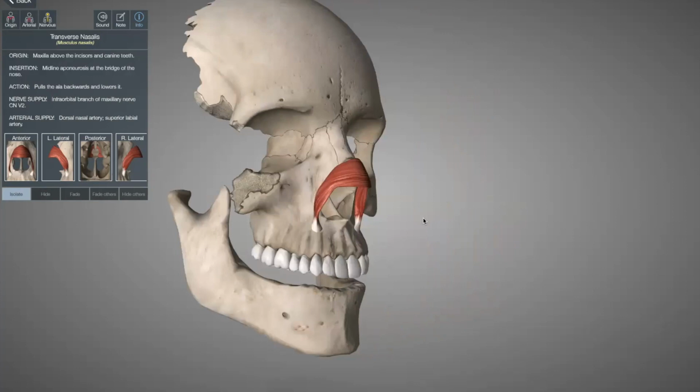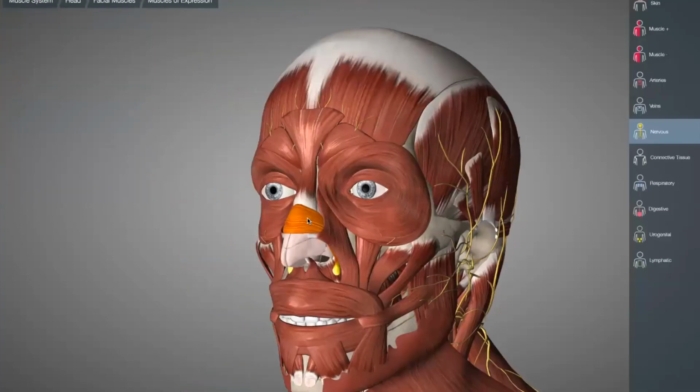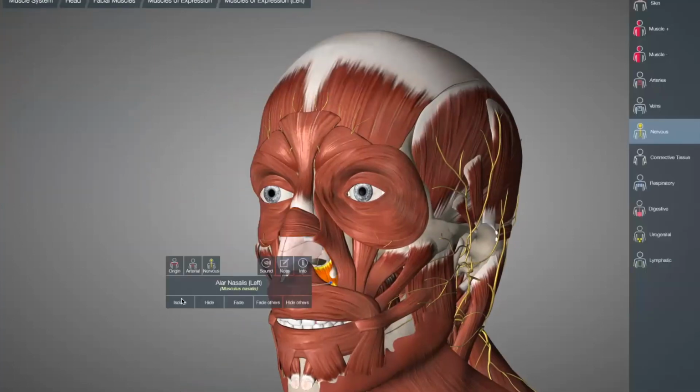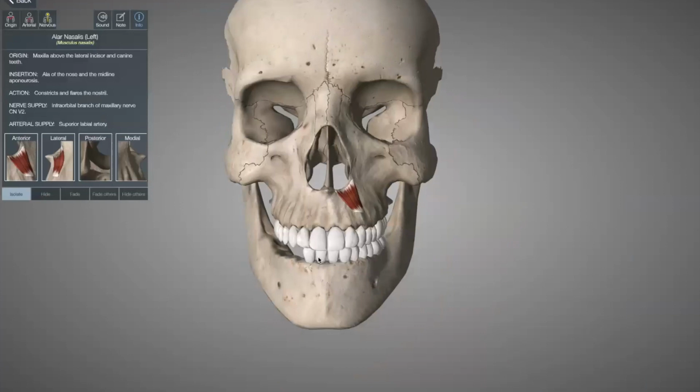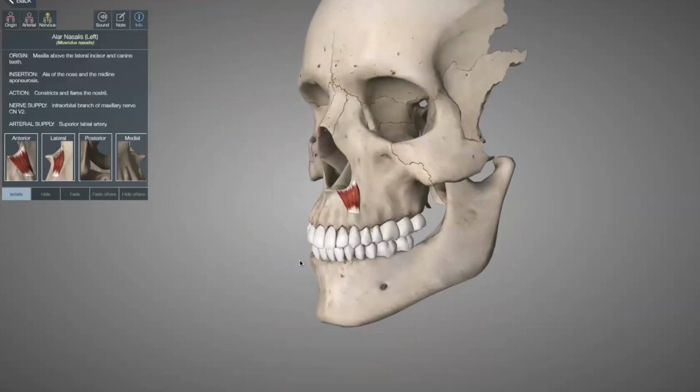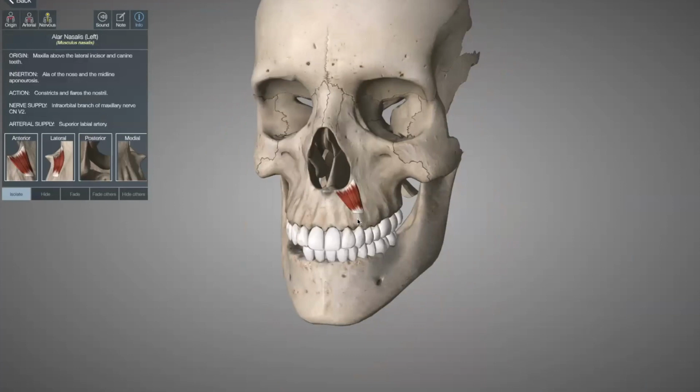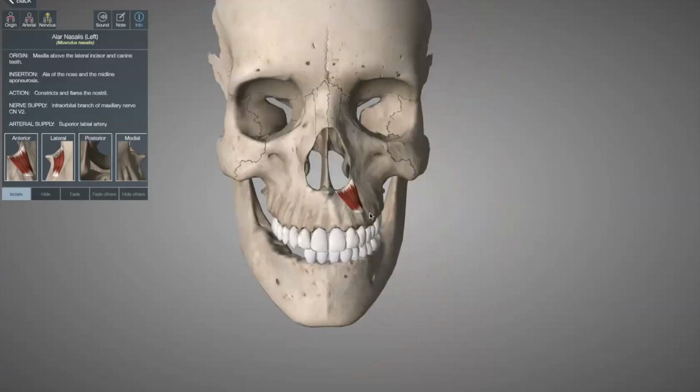The alar part, on the other hand, right here, you can see it. The alar part originates from the maxilla overlying the lateral incisor, here. That's the origin.